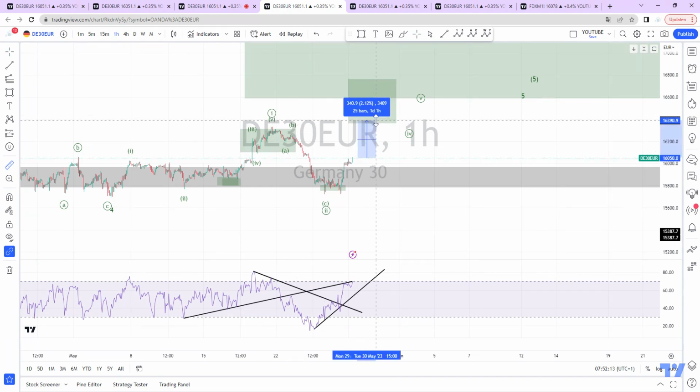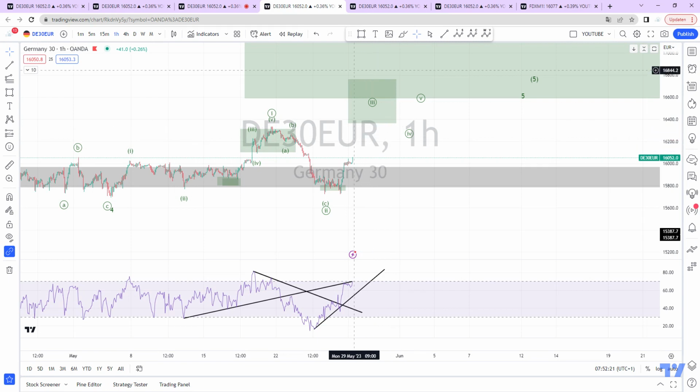Then we need a push today of 2%, which is possible for the DAX. This is the only short entry I see right now, around this area, ending in this area with divergence on the hourly.